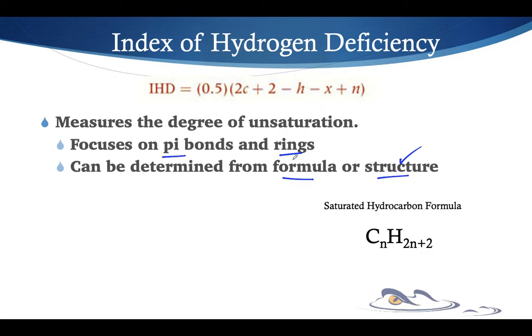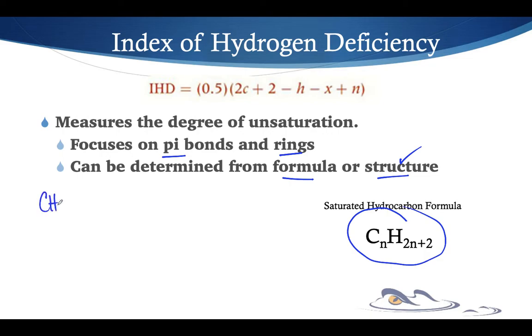So it measures unsaturation. Somebody has sat down and come up with an algorithm for us right here that can tell us what a saturated hydrocarbon is. And so it says, hey, if I have n carbons and 2n plus 2 hydrogens, then that would be a saturated hydrocarbon, right? So let's test that theory a little bit.